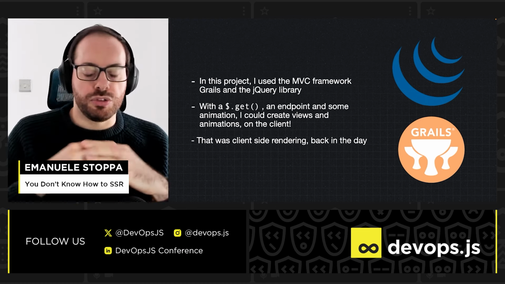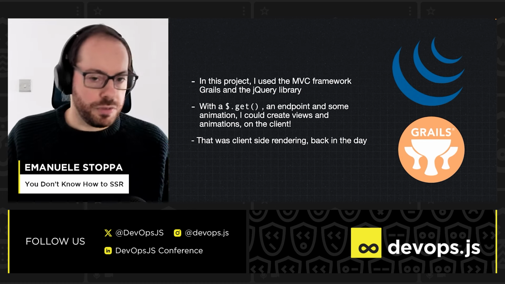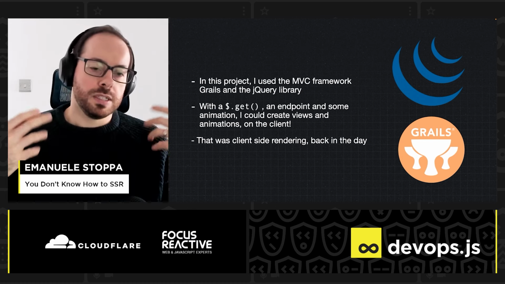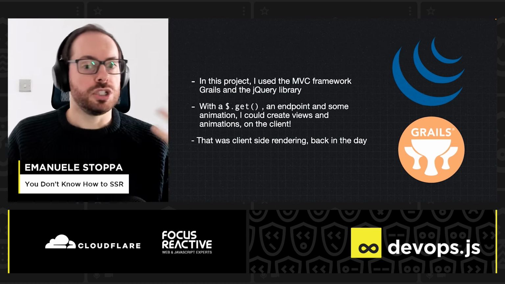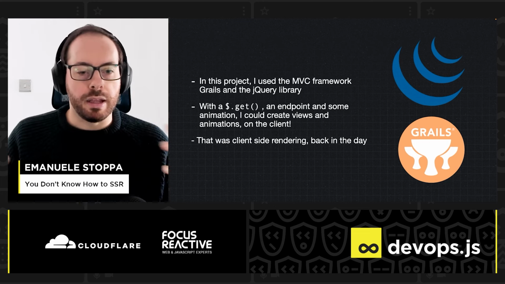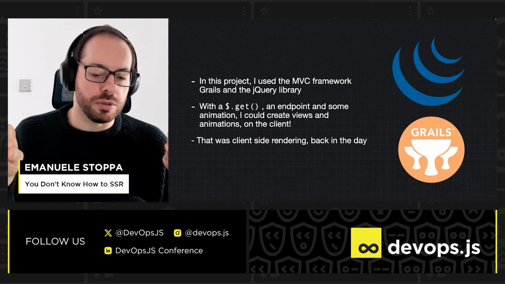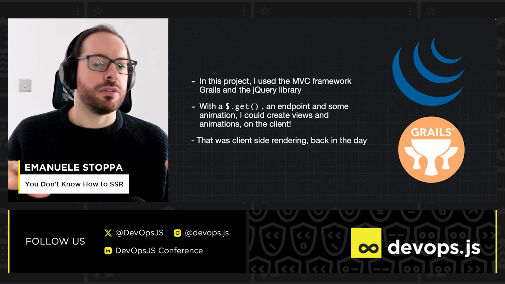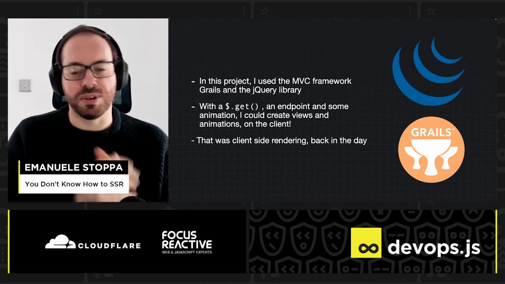So what you usually did at the time was create a new endpoint with a controller, model and view specifically for this need. You spit out only the HTML that you want, and then with jQuery, you just do a get, you get your HTML, and then you do animations and so on. With jQuery, you could replace an HTML with another using animations. That's how client-side rendering was back in the day.